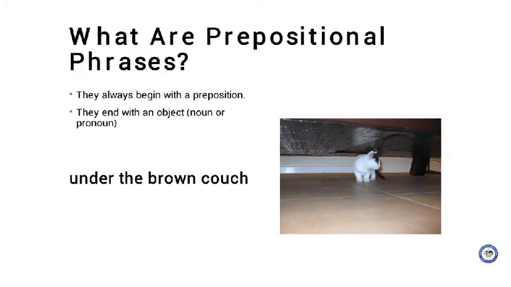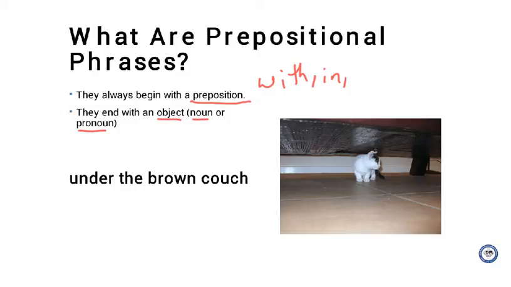Now, what are prepositional phrases? They always begin with a preposition, for example, with, in, and so on. And they always end with an object, which is either a noun or a pronoun. Let's take this for the example.